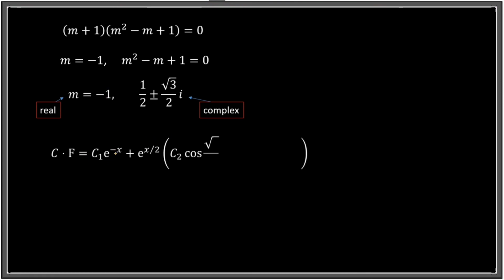So the CF for the real root is C1 e raised to power minus x, and for the complex roots it is e raised to power x/2, where the real part is 1/2, into (C2 cos (√3/2)x + C3 sin (√3/2)x), where √3/2 is the imaginary part. So that's for the real and this is for the complex.